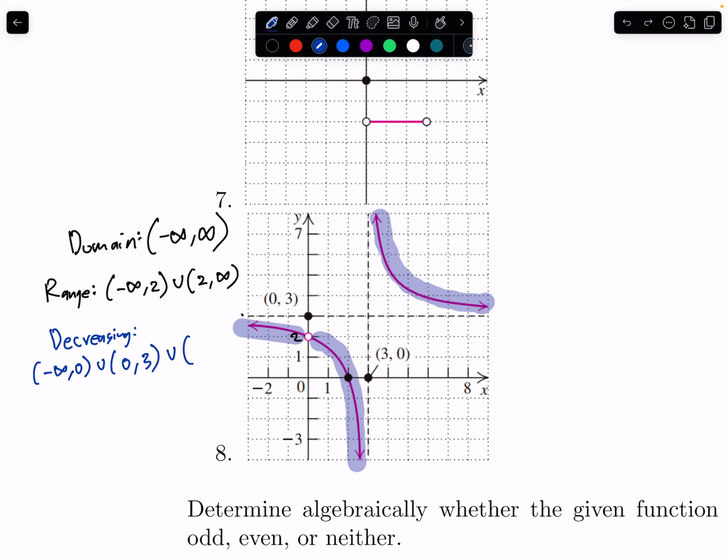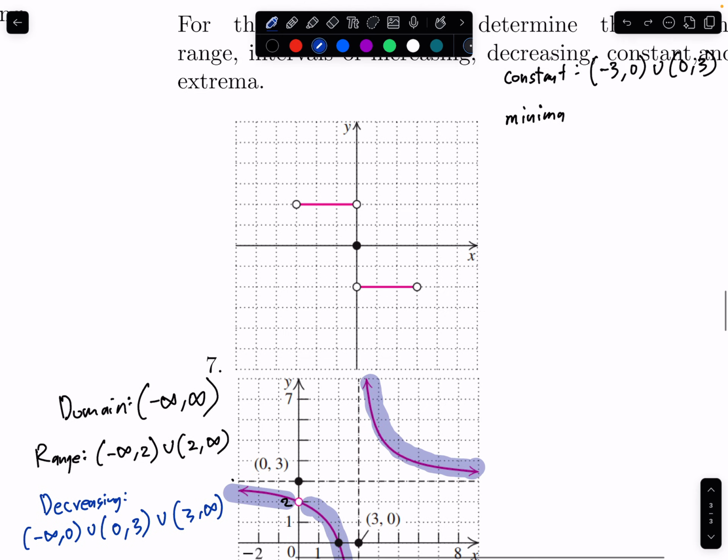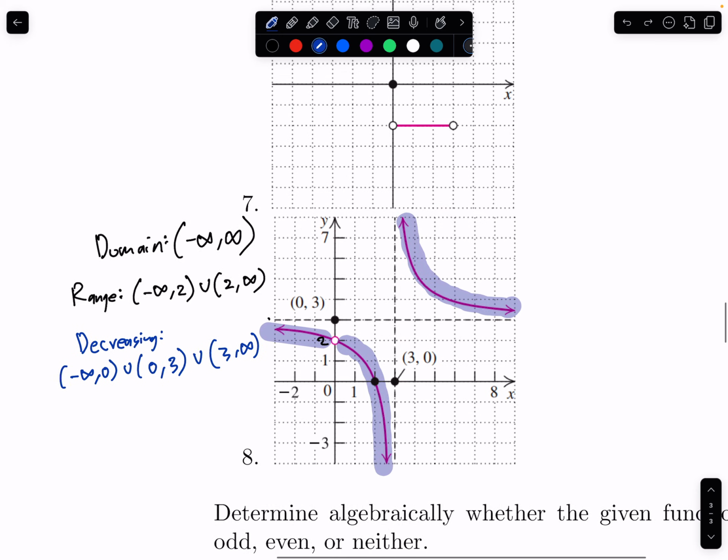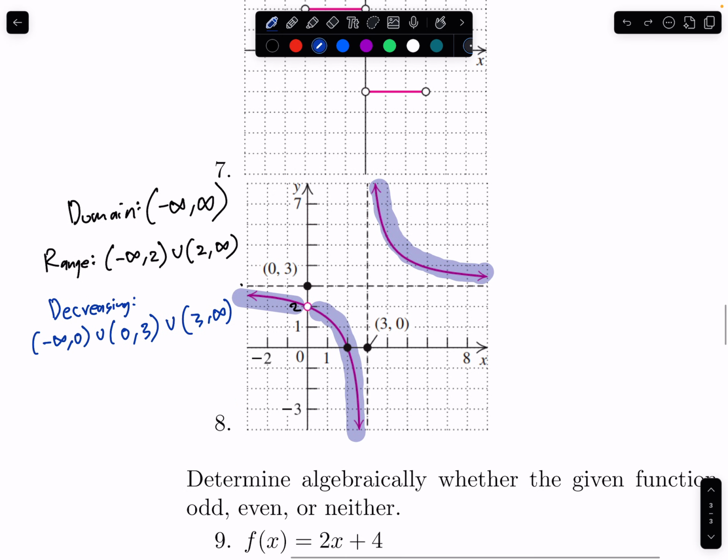And then from 3 onwards, it starts decreasing again. So from 3 to infinity. So decreasing on all those intervals, almost everywhere except for those couple of gaps, right? The hole here where it skips up there, and this position where it's disjointed from the rest of the graph. Okay, now onto, there's no constants, so onto maximums and minimums, extrema.